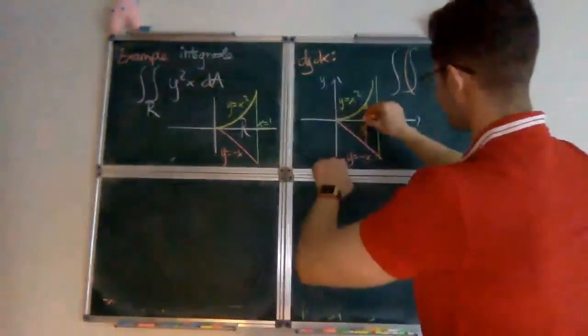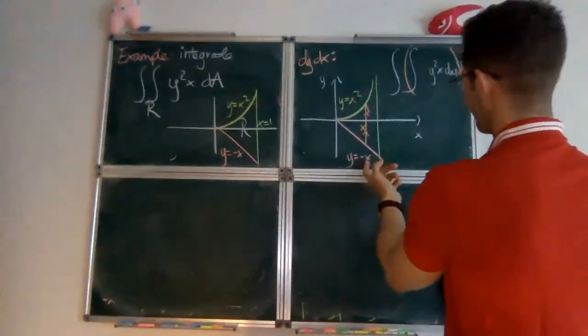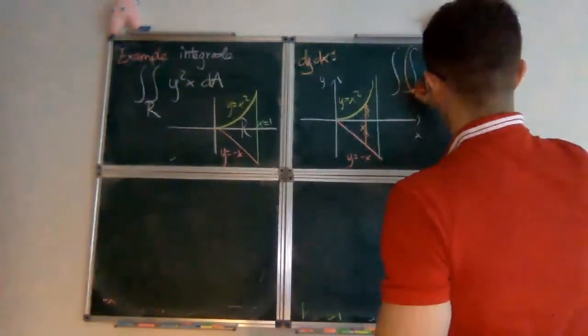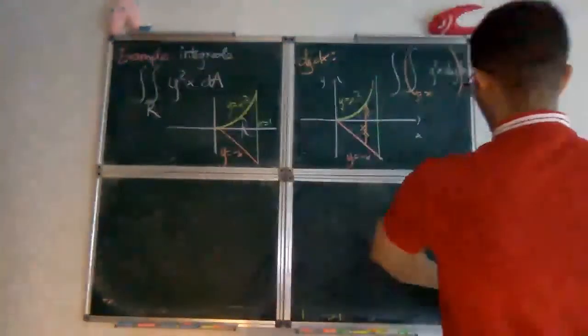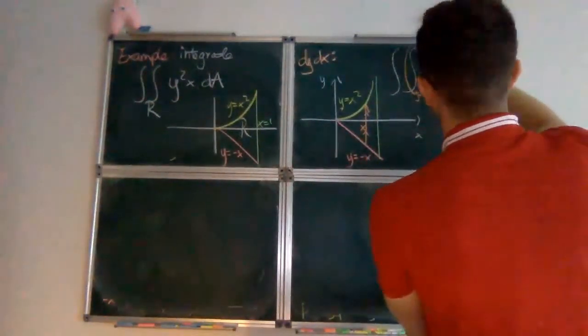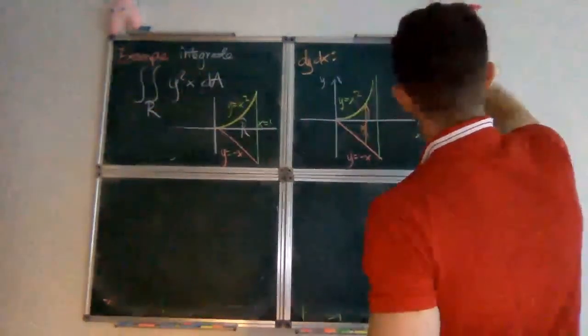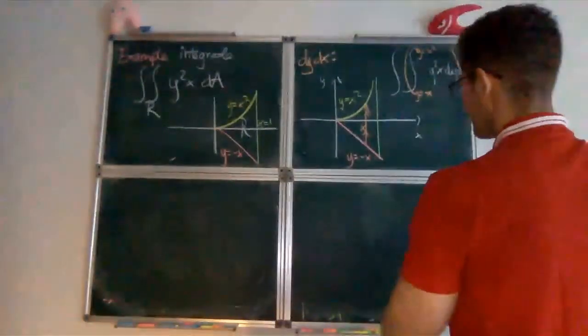And so the vertical arrows enter through the equation y equals negative x, and they exit through the equation y equals x squared. Okay?